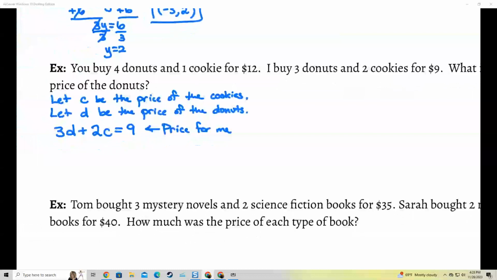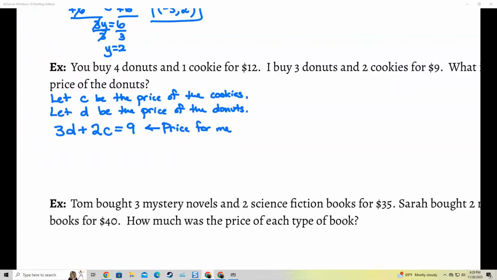And the other one, you bought 4 donuts and 1 cookie and it cost $12. So let's write that. 4 donuts plus 1 cookie, your price was $12. This is price for you. So those are my 2 formulas that I have.